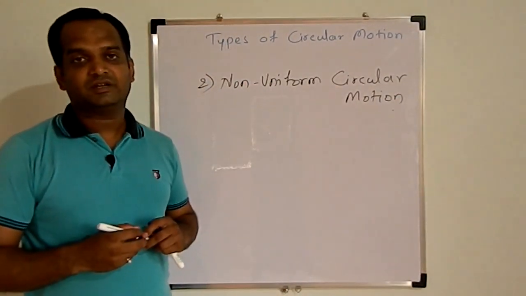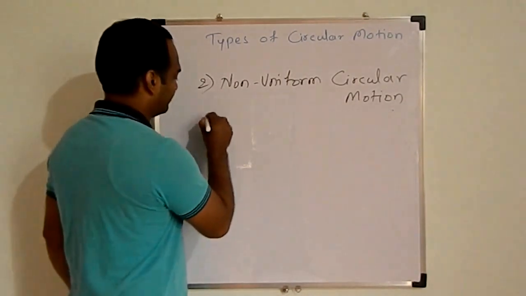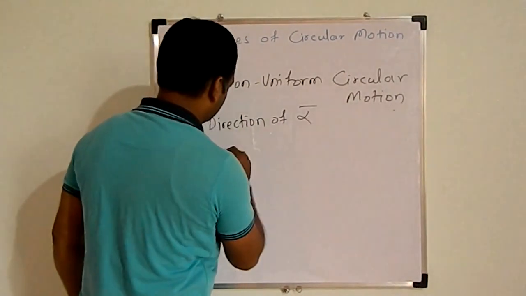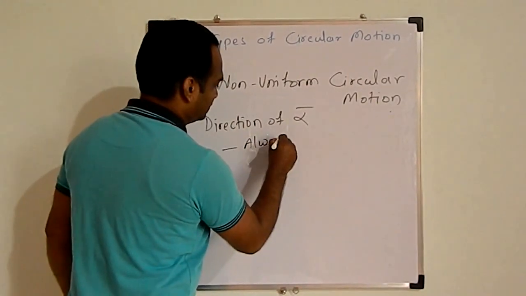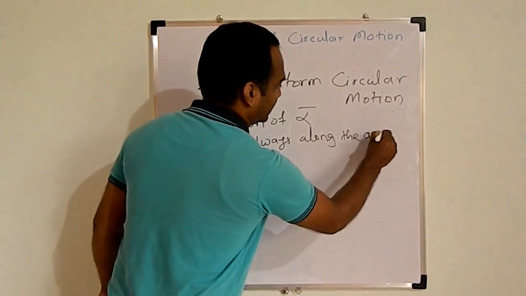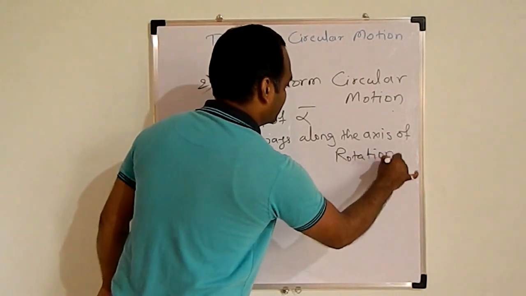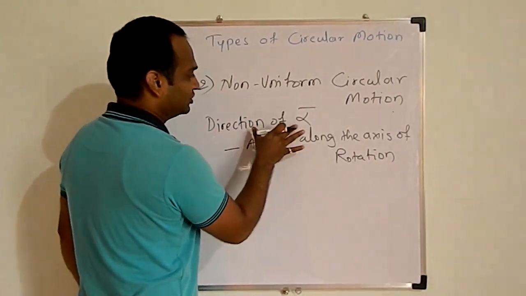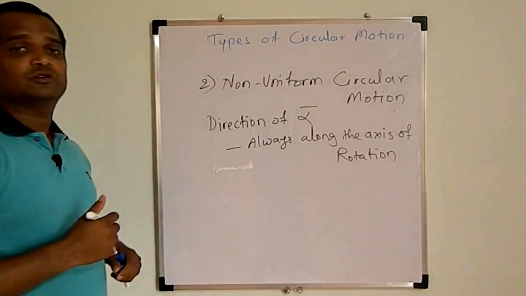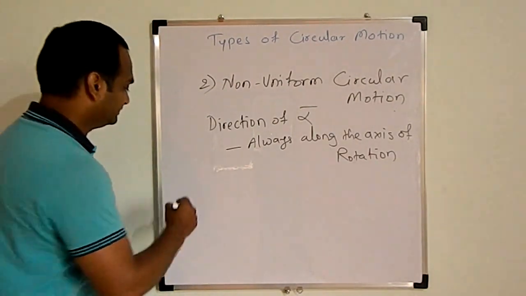The direction of angular acceleration alpha bar is always along the axis of rotation. Again there are two cases, increasing speed and decreasing speed.